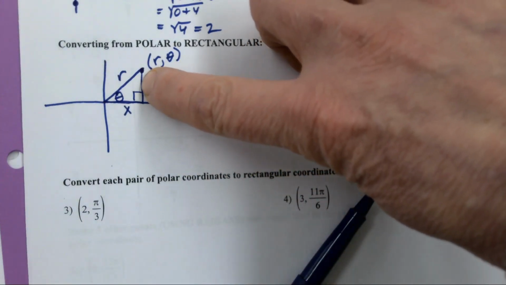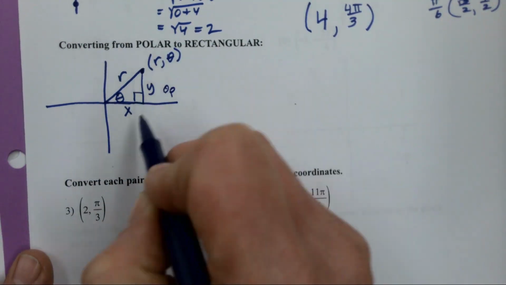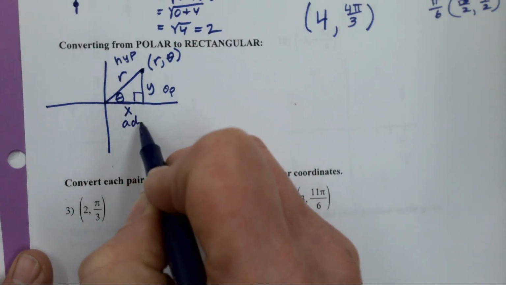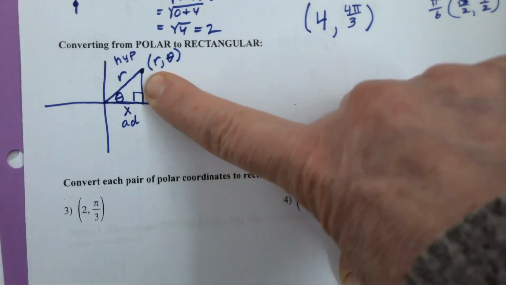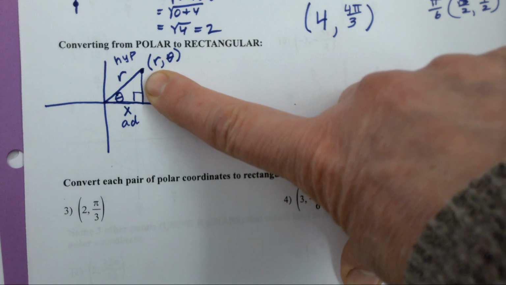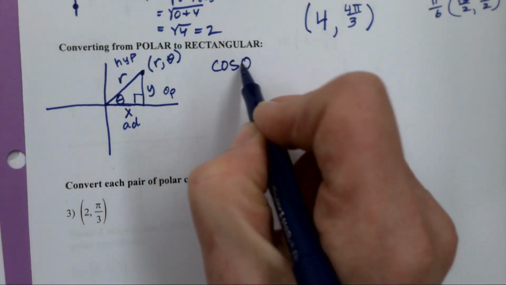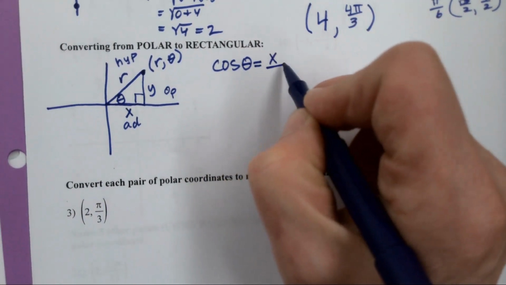If I think again about SOHCAHTOA, I have an opposite side, a hypotenuse, and an adjacent side. I'm ignoring y. What two pieces of information do I have? Which trig function? Cosine. So the cosine of theta is equal to the adjacent over the hypotenuse.